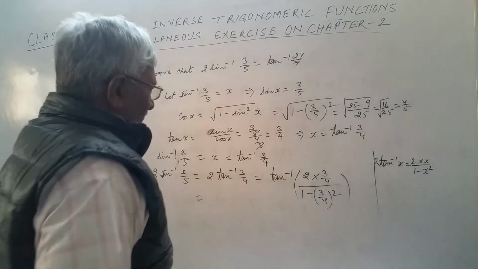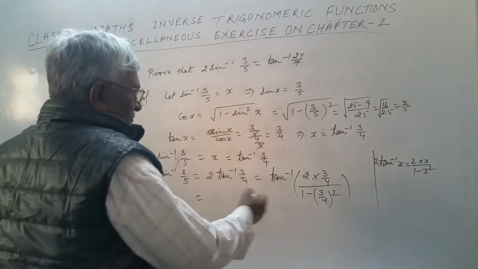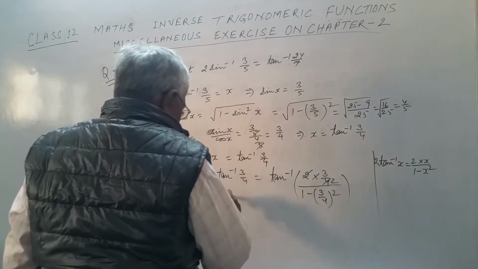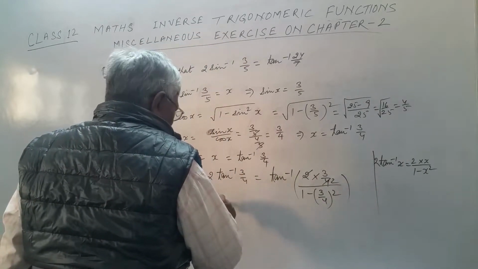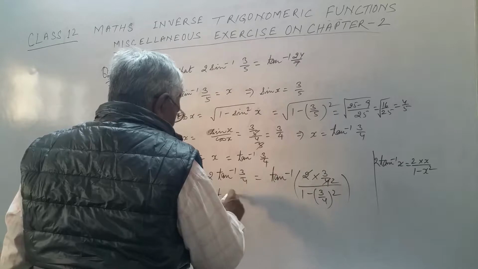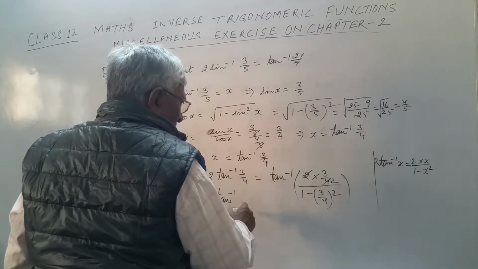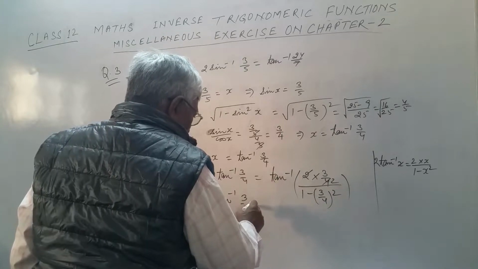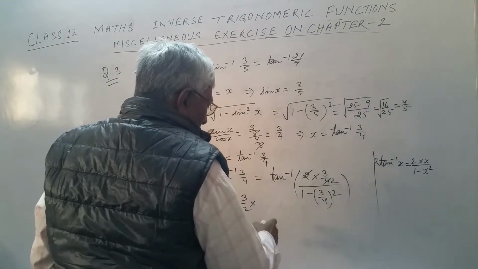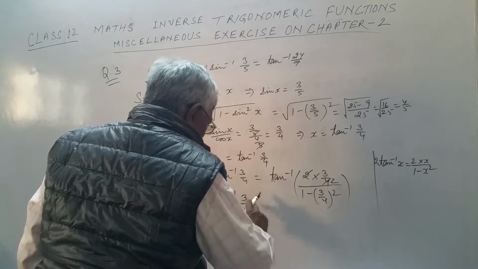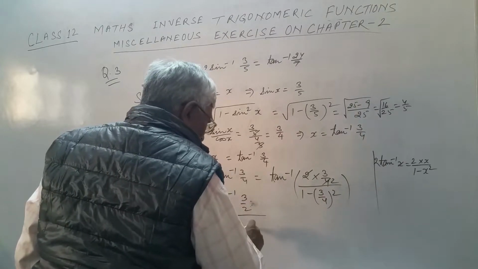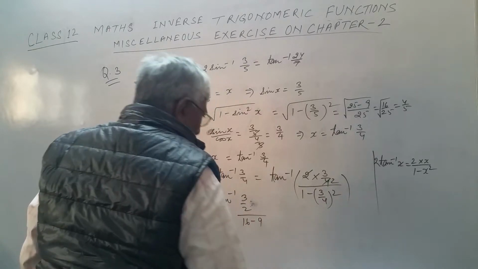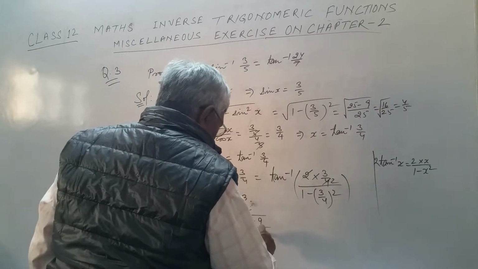Then what will happen? 2 into 3 upon 4 is 3 upon 2, and the denominator will give 16 minus 9 upon 16.